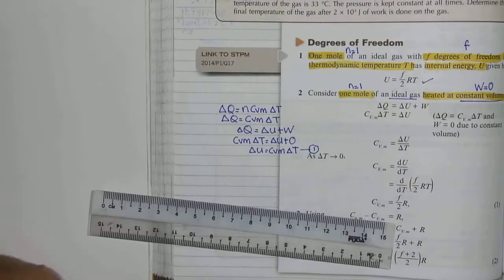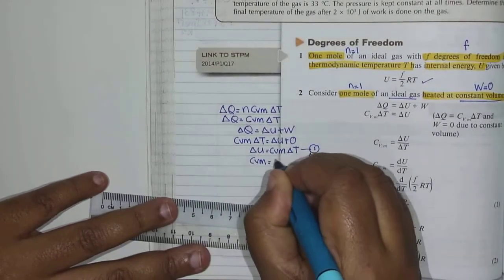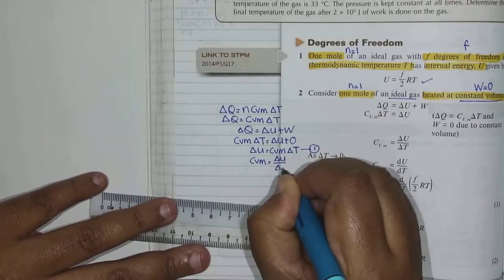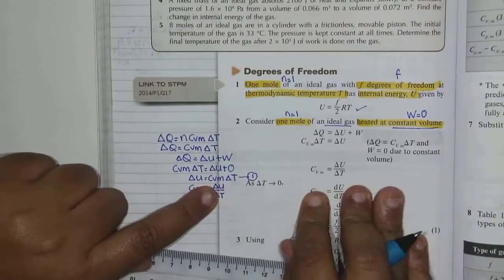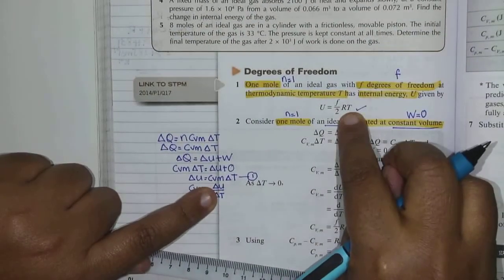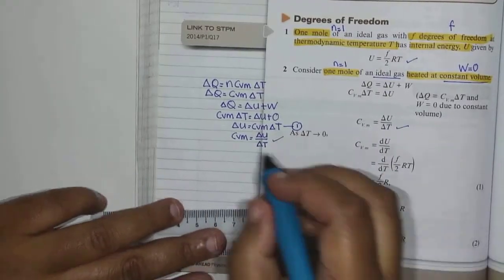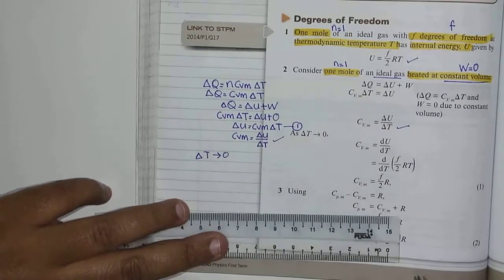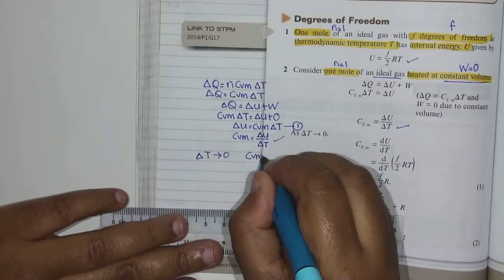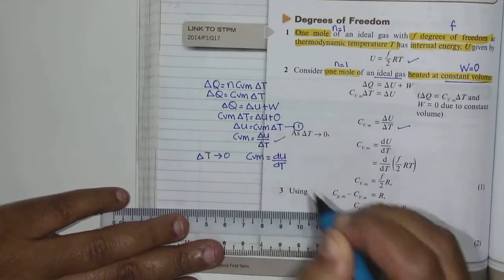Next, from this formula we take CVM equals delta U over delta T. We know U equals F over 2 RT. Before that, if delta T is approaching 0, then from your maths, CVM equals dU over dT.